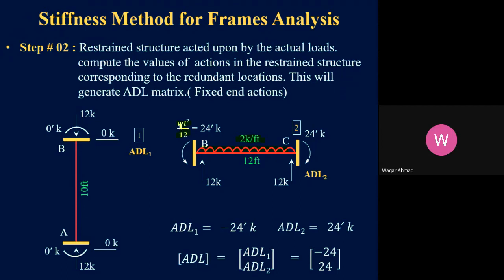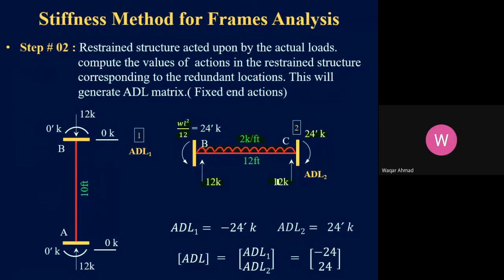It means 2 times 12 squared divided by 12. This becomes your fixed end moments at this point B and this point C, which is 24 kip-ft. Okay, what are the vertical reactions? The vertical reactions are WL/2. So 12 times 2 is 24, divided by 2 is 12.